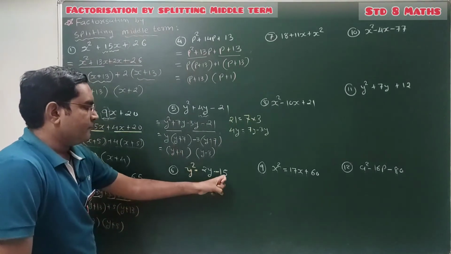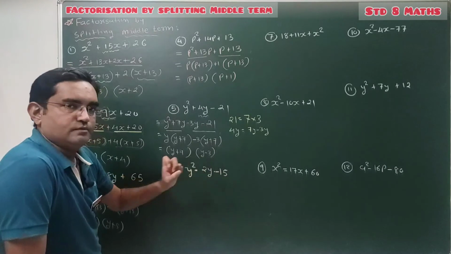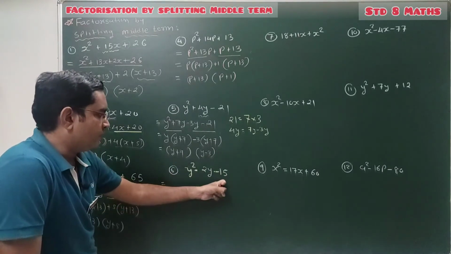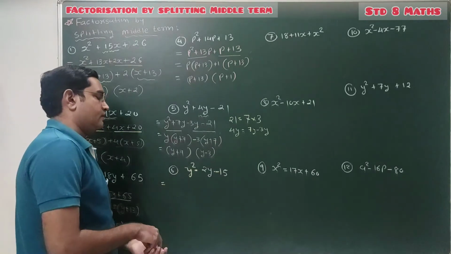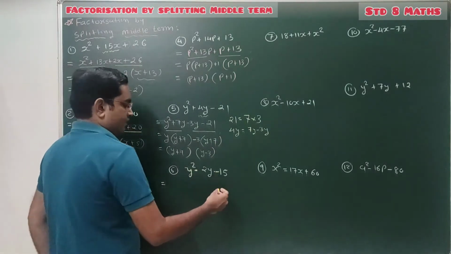How? Factors of this 15 whose subtraction is -2. Subtraction is -2. So which are the factors of 15?